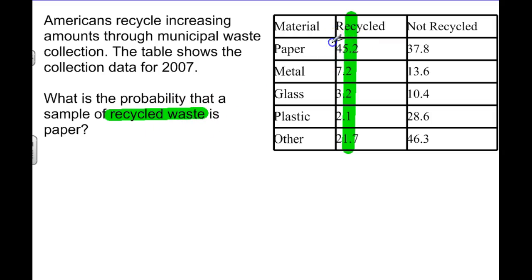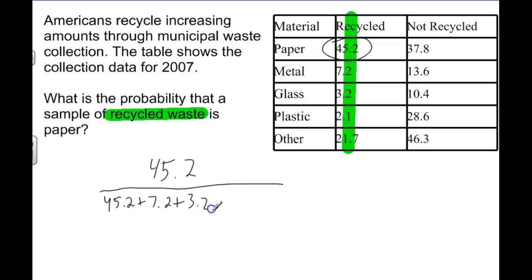So I want to see if it's paper, so the fraction would be 45.2 divided by, and then you would just simply add up everything in that column. So 45.2 plus 7.2 plus, this is the grand total of all the recycled, plus 2.1 plus 21.7. And then type that in your calculator and you get an answer as a decimal there, which would be fine.